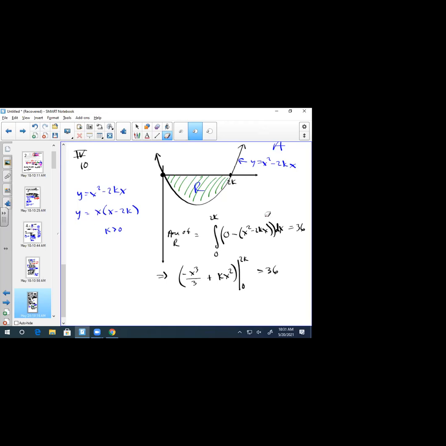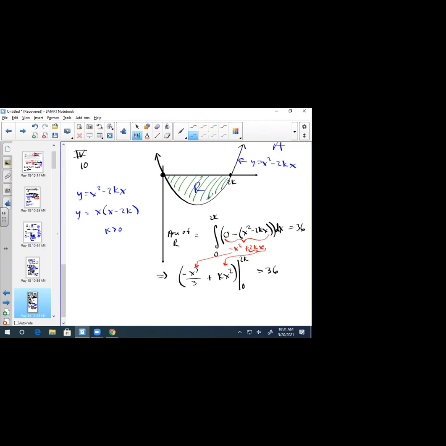So where am I getting this from? Well, this whole thing right here is negative x squared plus 2kx. Negative x squared's antiderivative is negative x cubed over 3. 2kx's antiderivative is 2kx squared over 2. 2's cancel out, so that's just kx squared.